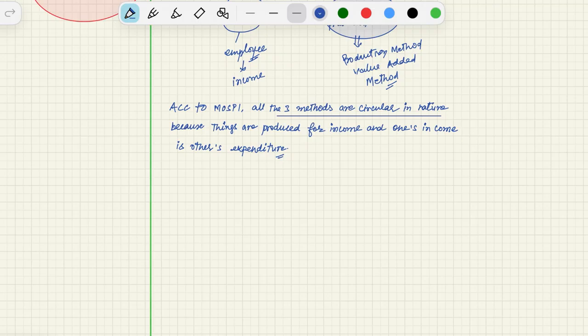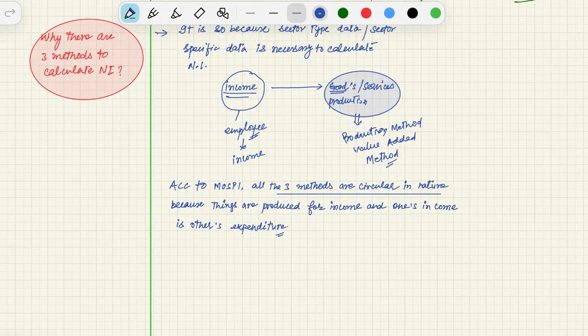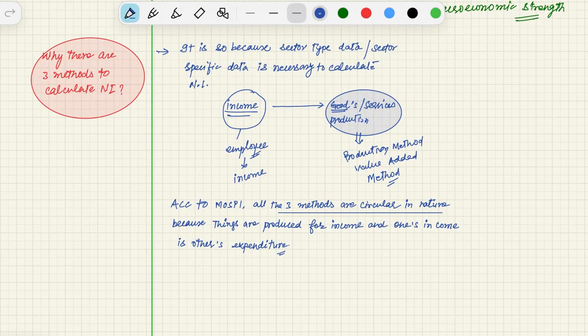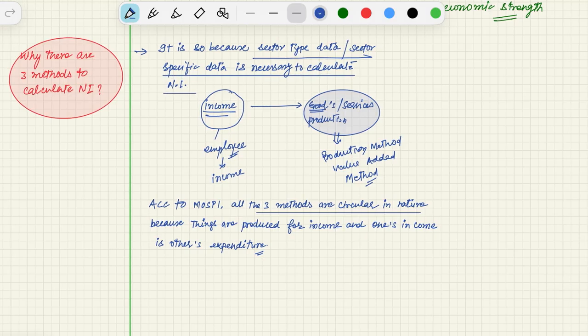So here sector specific data is necessary to calculate national income. What are those sectors they are talking about here?